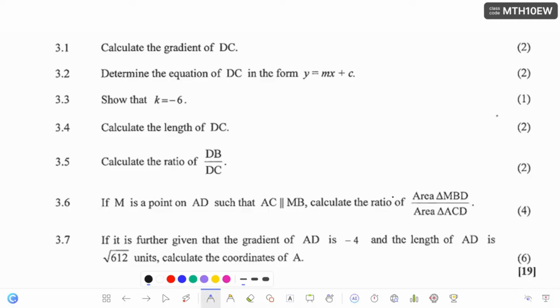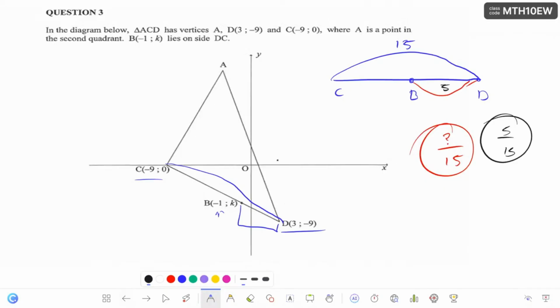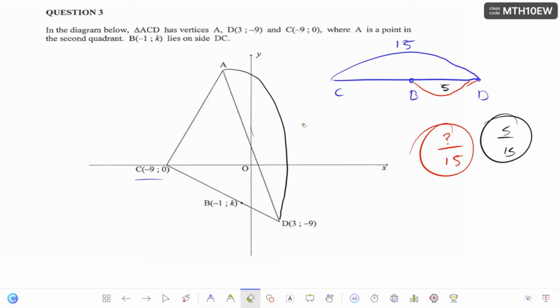We need to interpret this. They said M is a point on AD. Let me erase here. AD. So they are saying there's a point on this line, which is M.